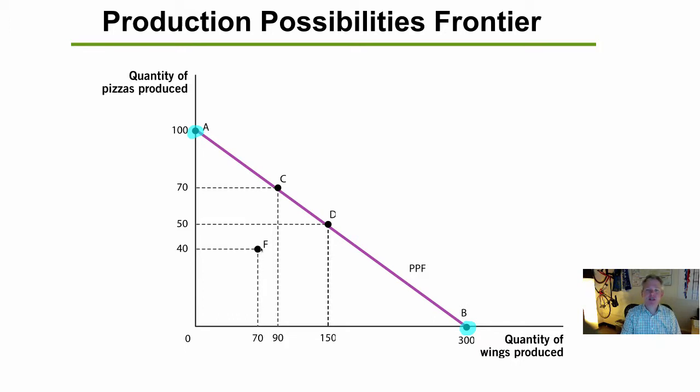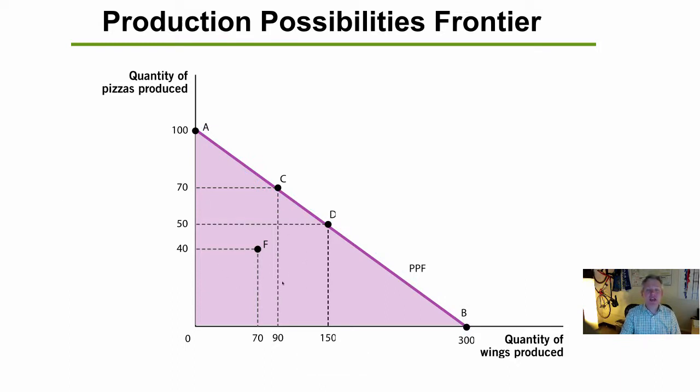All right. Notice that this particular point is underneath this line. So it's called the Production Possibilities Frontier model. The frontier is the line itself. So this shows the maximum of all combinations of pizza and wings that can be produced. But that means that anything inside of the frontier is possible.